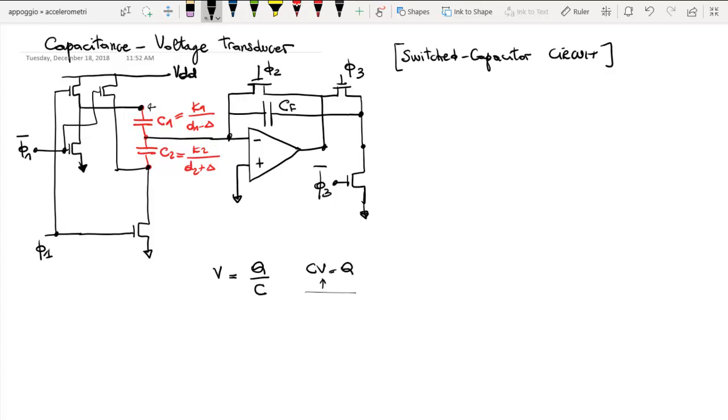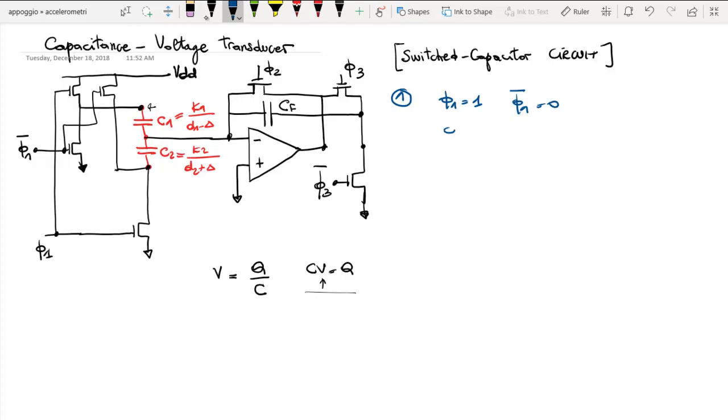Okay, let's consider the operation. It's pretty easy to understand. So we have two different phases. During one phase, we have the following thing: phi 1 is equal to 1, and phi 1 negated, of course, is equal to 0.